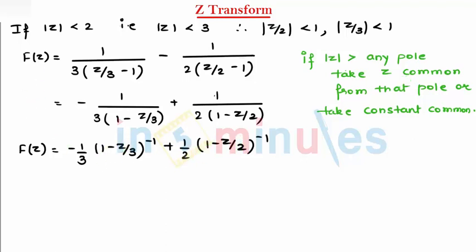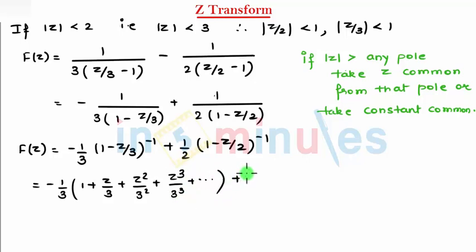Once I expand this, I get minus 1 by 3 times 1 plus z by 3 plus z square by 3 square plus z cube by 3 cube, plus 1 by 2 times 1 plus z by 2 plus z square by 2 square plus dot dot dot.